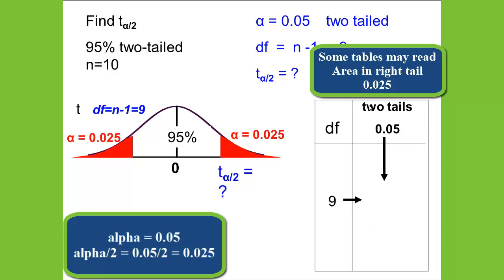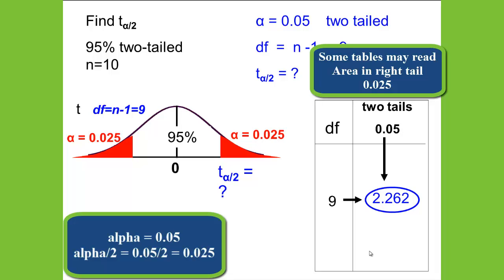Miss Borlaug based this one on one that labeled two tails as 0.05, and then underneath it I think it says 0.025 in the right tail. So look at your table. It should be very easy to figure out. It'll either say 0.025 in the right tail or two tails as 0.05. Notice that that would mean the same thing.